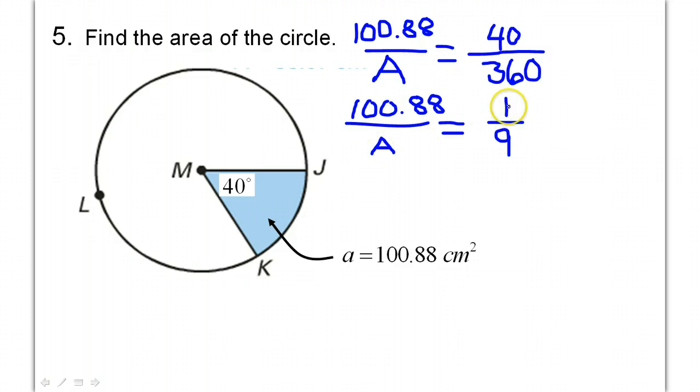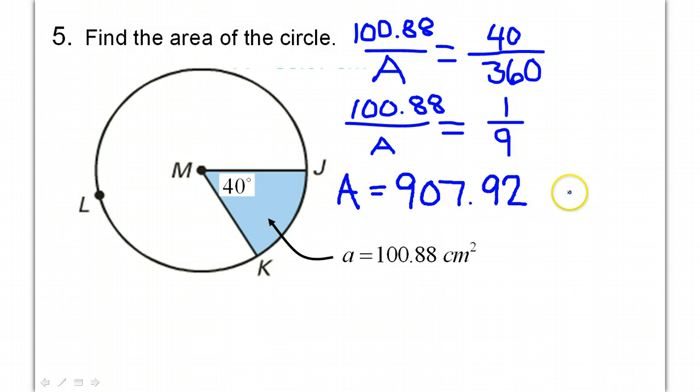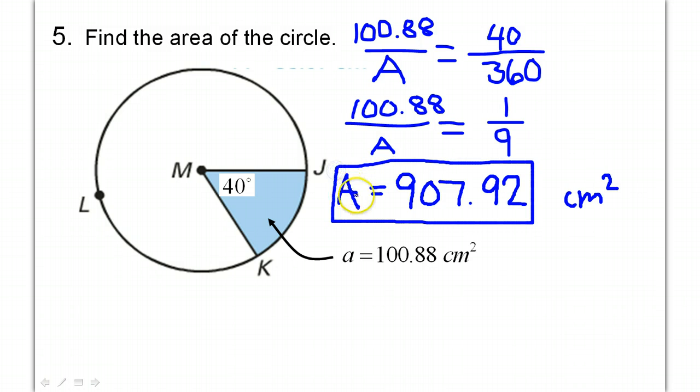A times 1, that's just A. And then I'm just going to do 9 times 100.88, and that's going to give me 907.92. So that would be the answer to number 5. We found the area of the whole circle, capital A, and that's exactly what we were supposed to find, the area of the whole circle.